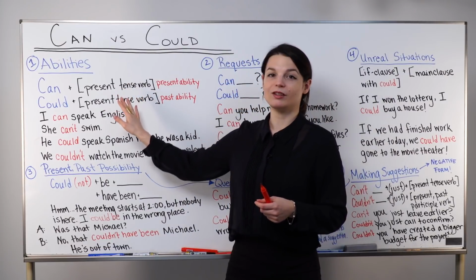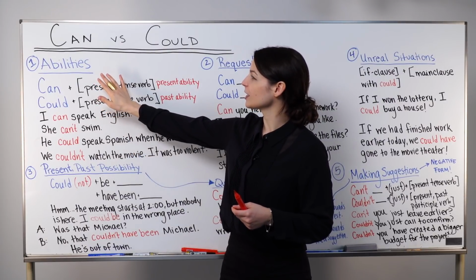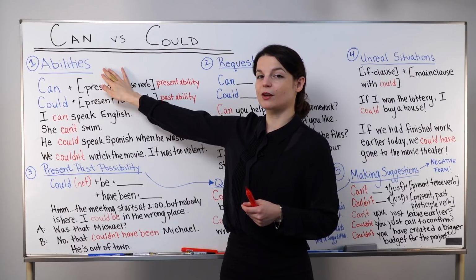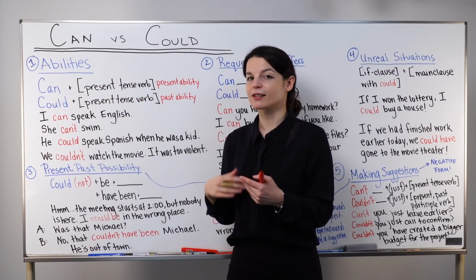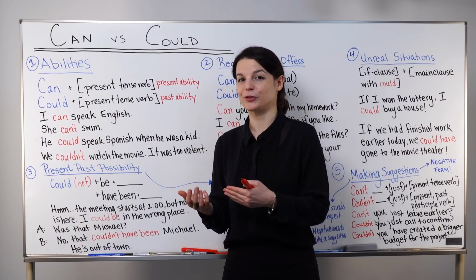The first way to use can and could that I want to talk about is to express abilities. So an ability that refers to something we are able to do or not able to do.